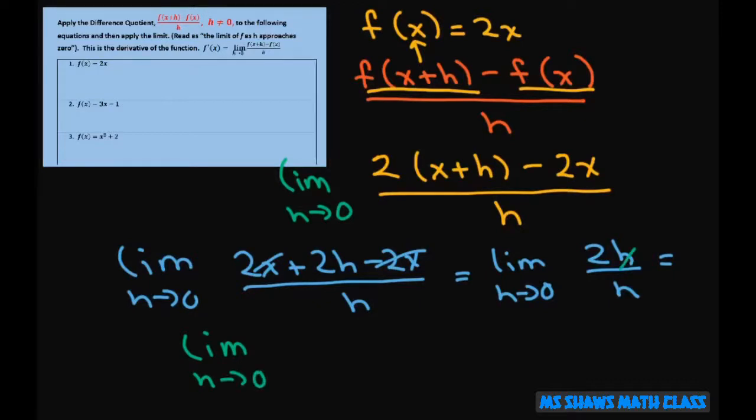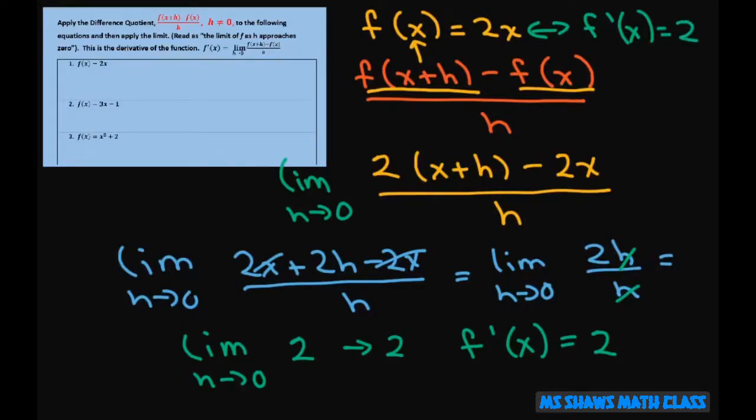And these h's would cancel, and we get 2. Based off our limit laws, this is going to equal 2. That means the derivative, so f prime of x equals 2. So if this is our function, then our derivative equals 2.